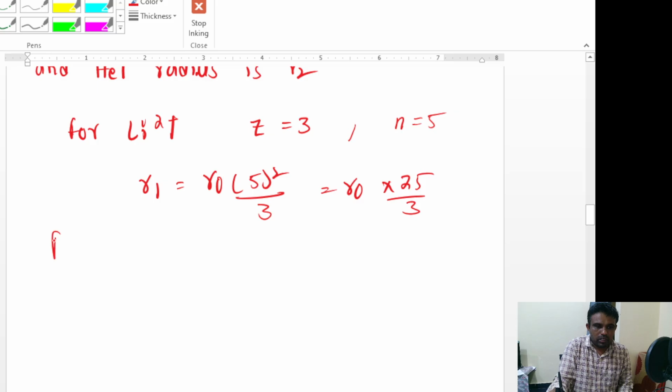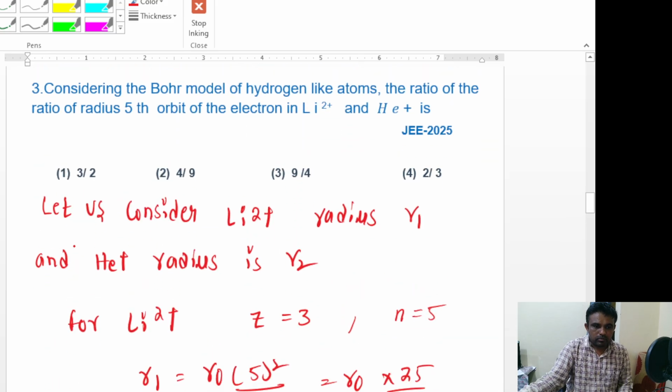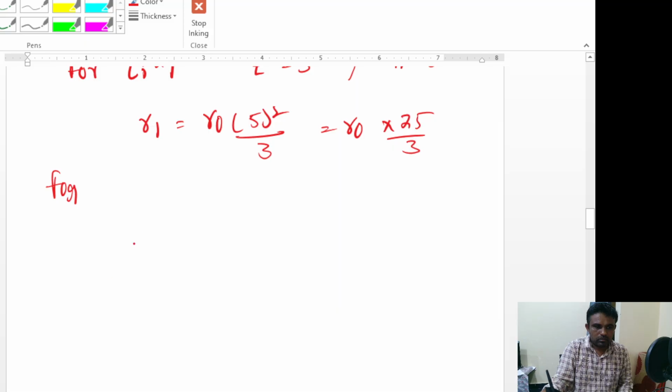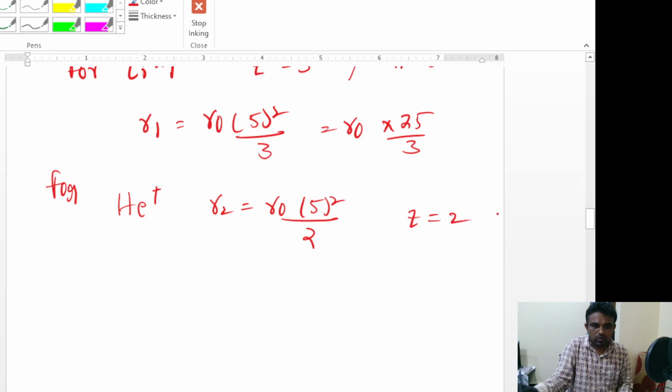Similarly, for helium, R2 is equal to R0 into 5 square by 2, where Z is equal to 2 atomic number. R2 is equal to R0 into 25 by 2.